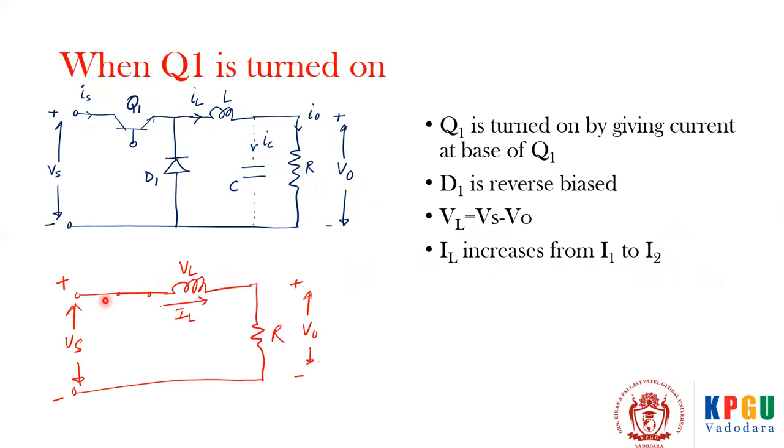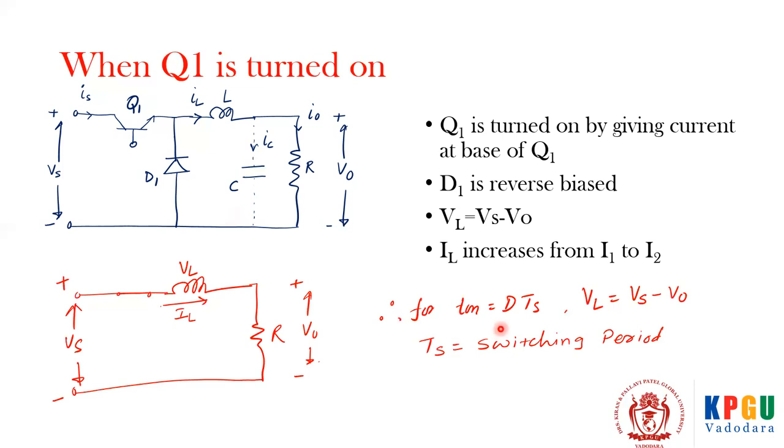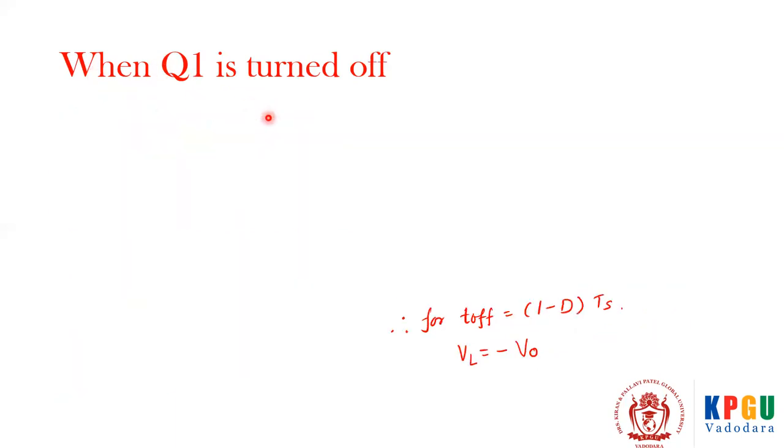So this is the circuit situation when the switch Q1 is on, and for D times Ts, that is for the T on period, the voltage across the inductor is Vs minus V0, where Ts is the switching period. So that is what happens in a buck converter when the switch is turned on.